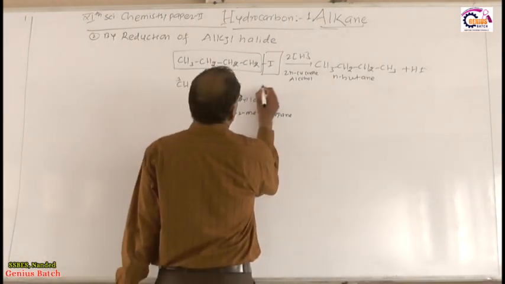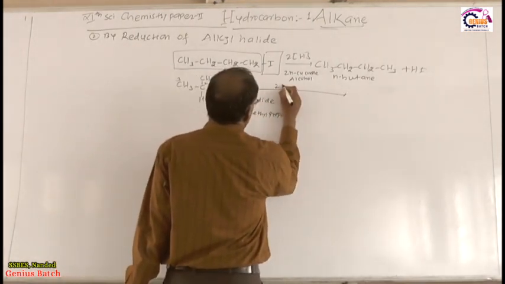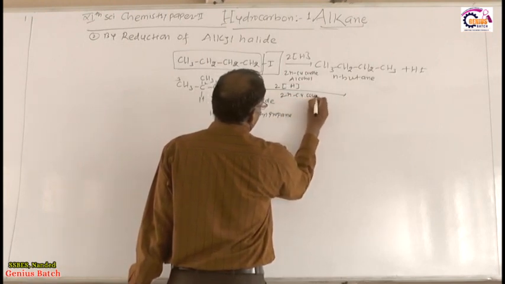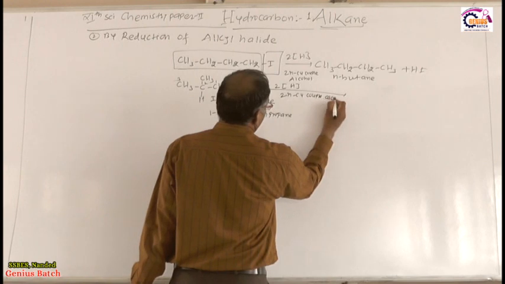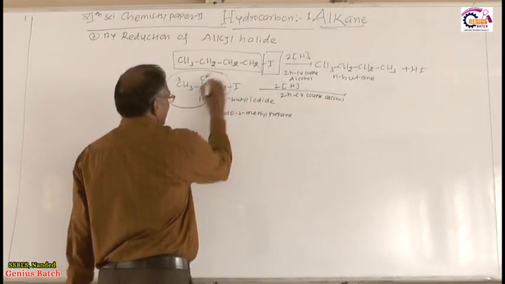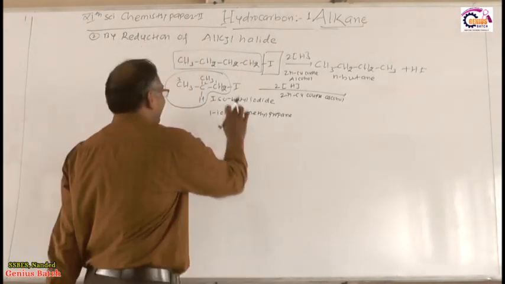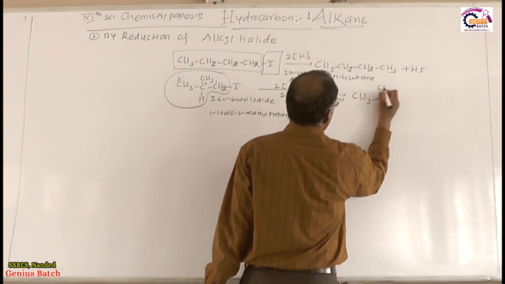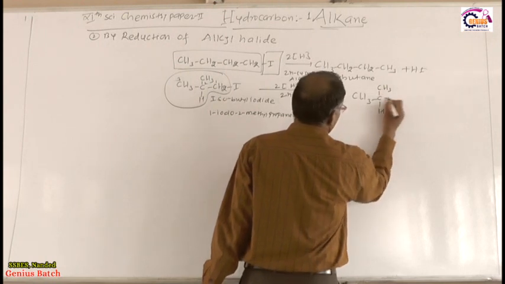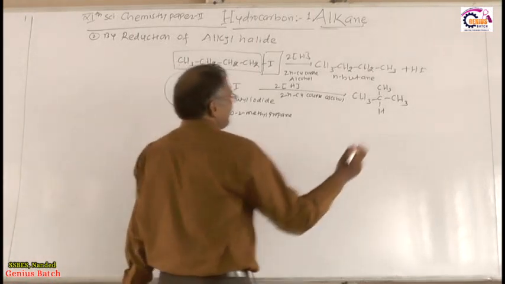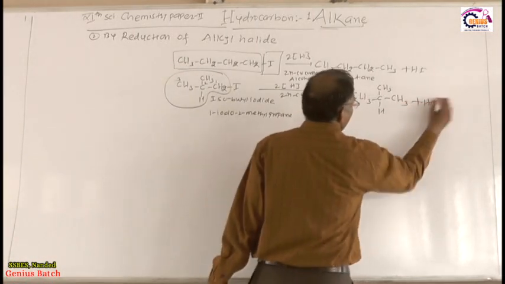Then again nascent hydrogen, 2 nascent hydrogens you have to add, zinc-copper couple and alcohol. 1 hydrogen is added to this isobutyl group and another hydrogen is added to the iodine, so CH3, this is the CH3, this is the H and this is the CH3. That's all. So what will you have? You will have the HI.